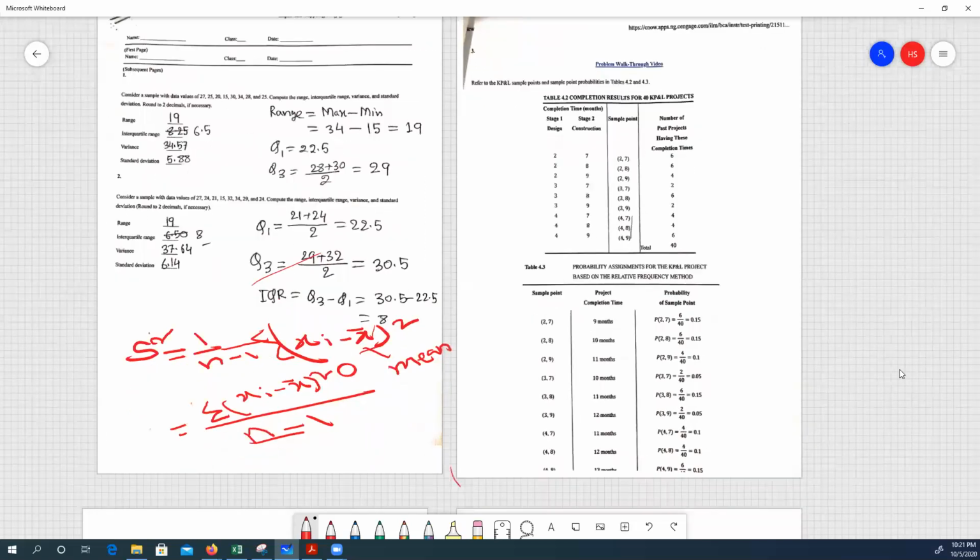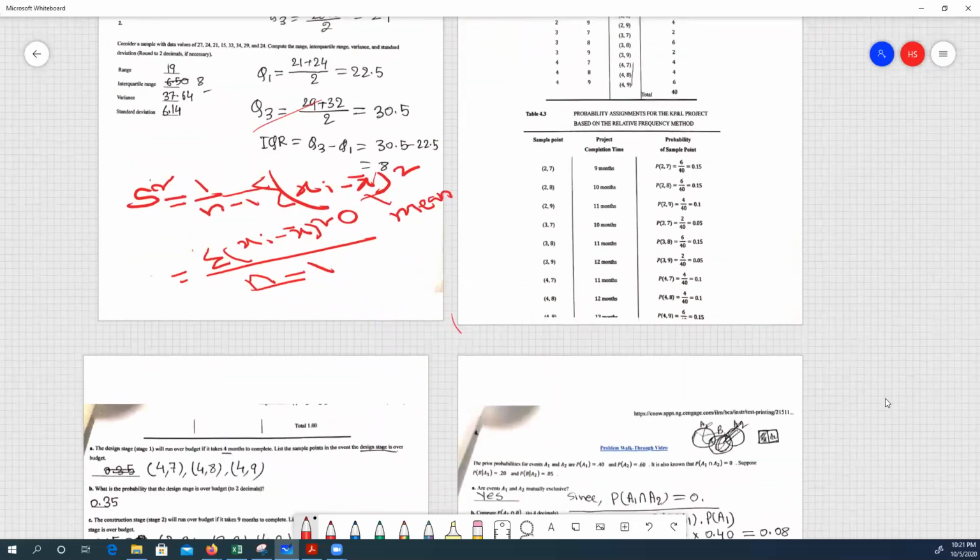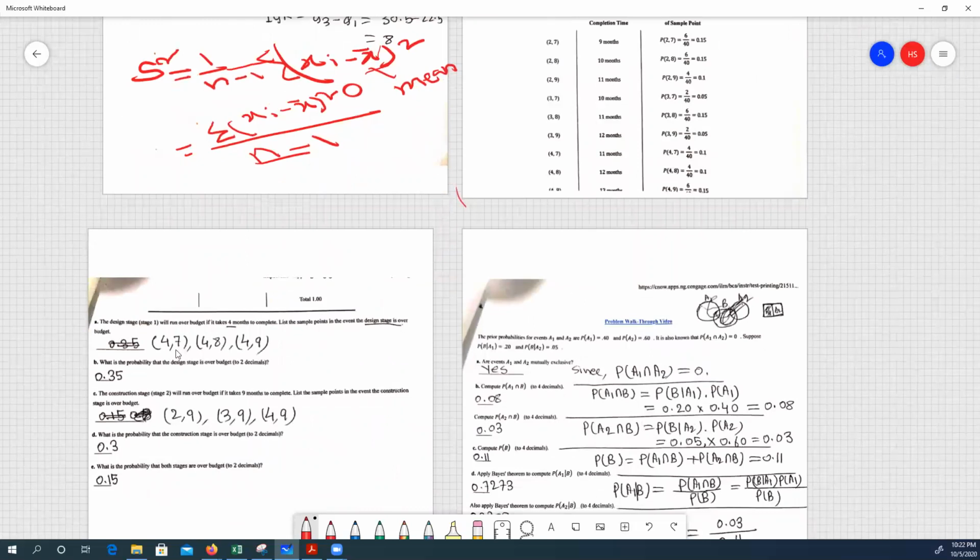So let's go to the next page. Now the first question: the design stage, that means stage 1, will run over budget if it takes 4 months. So that means if the first value is 4, then it will run over the budget, okay?